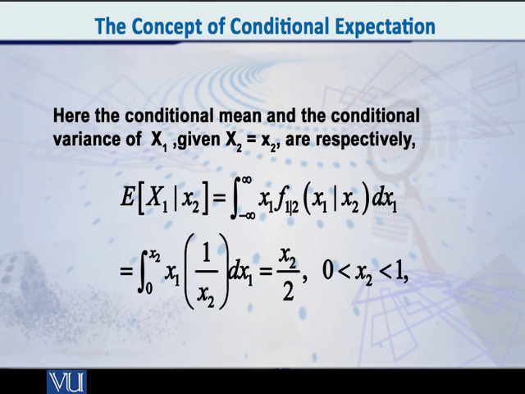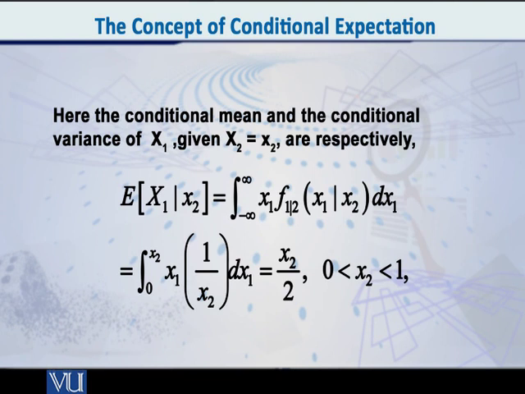It is now the integral from 0 to x2, and the integral is being taken with respect to x1, and the expression inside the integral is x1 into 1 over x2. क्योंकि वो conditional जो है, अभी थोड़ी देर पहले मैंने आपसे कहा कि that has come out to be 1 over x2. अब ये आप solve कर लीजिए.